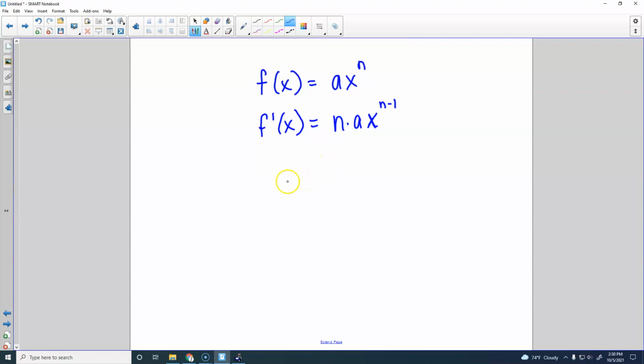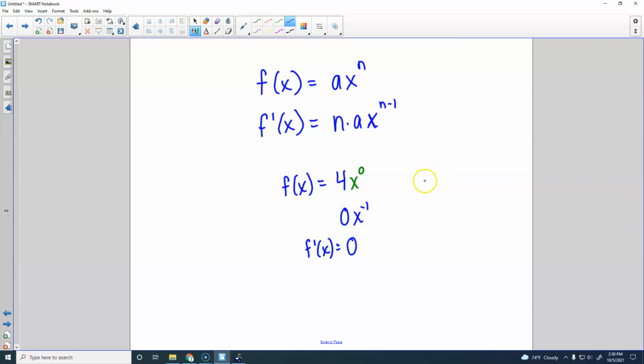Does it work if you just have f of x equals 4? Yes, it does because this has 0 x's behind it. I would just write the same rule over and over. So 0 times 4 is 0, subtract 1, but it doesn't matter that this is x to the negative 1 because it's multiplied by 0, which is just 0. So f prime of x equals 0.